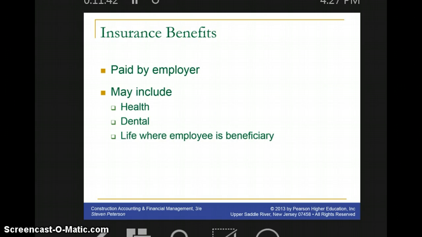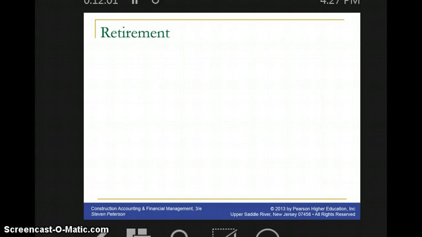If the employee gets insurance benefits such as health, dental, or life, certainly the employee may pay a contribution to those benefits, but also the employer most likely will pay some amount of money towards those benefits. In the case of retirement, such as for a 401k plan, the employer may also pay a contribution on behalf of the employee.